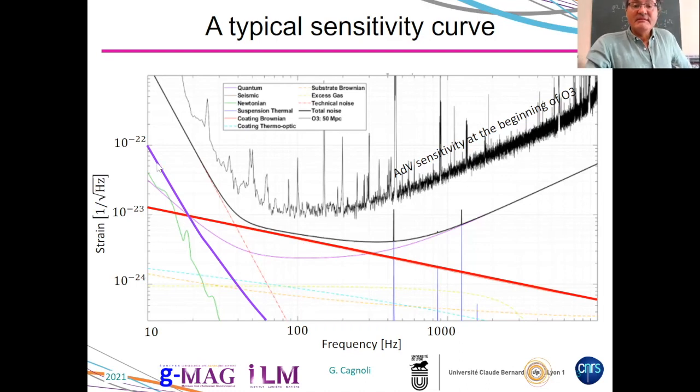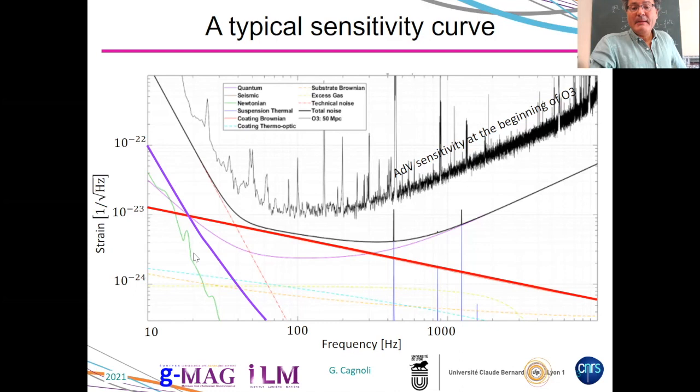Here we are introducing the subject in general. There is also the other component of thermal noise, which is the suspension thermal noise. Once the technical noises are solved, at low frequency the sensitivity is limited by thermal noise and Newtonian gravity gradient noise on a detector.